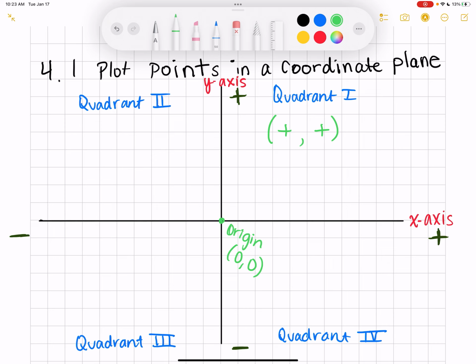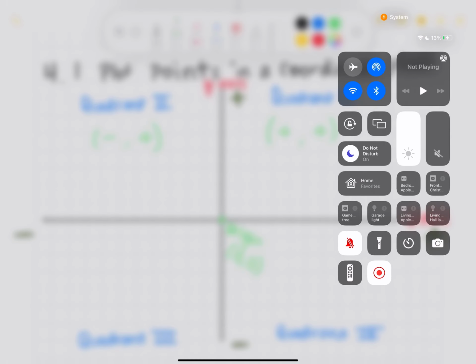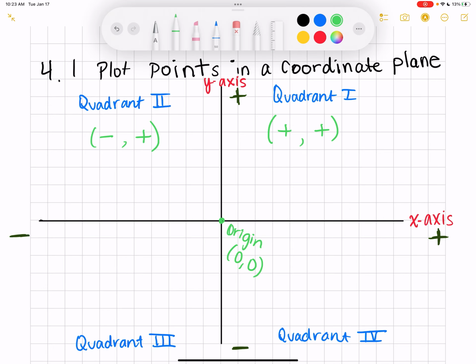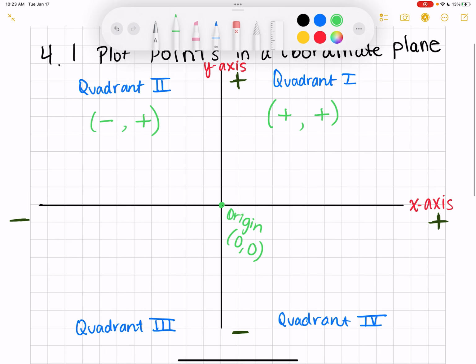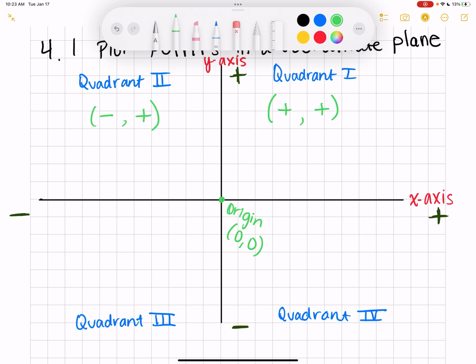In quadrant 2, x is negative, y is positive, so negative then positive. Then in quadrant 3, x is negative, y is negative. And then quadrant 4, x is positive, y is negative.